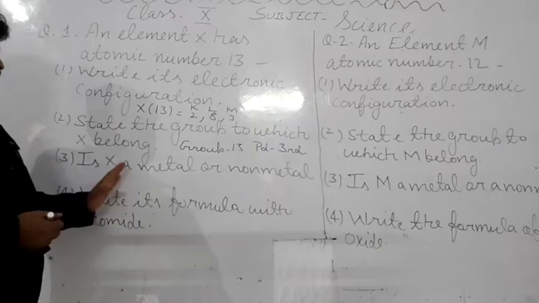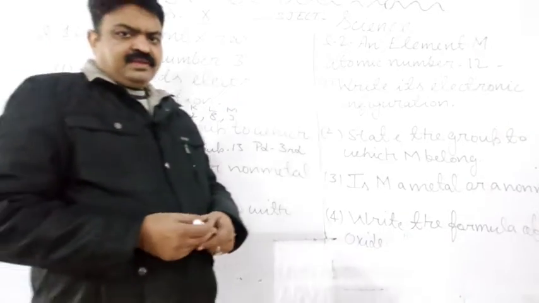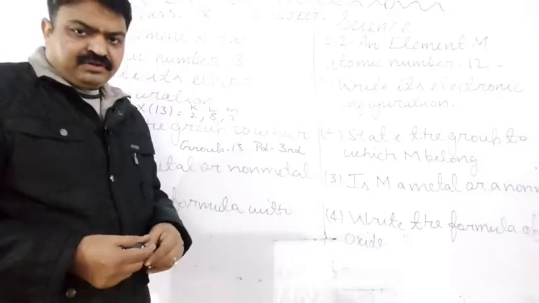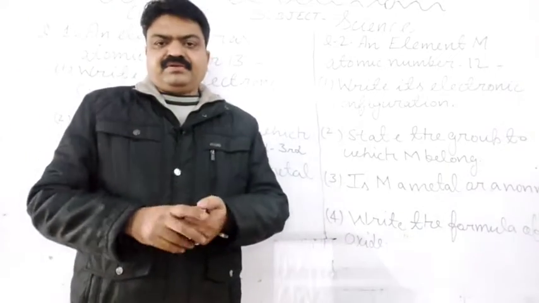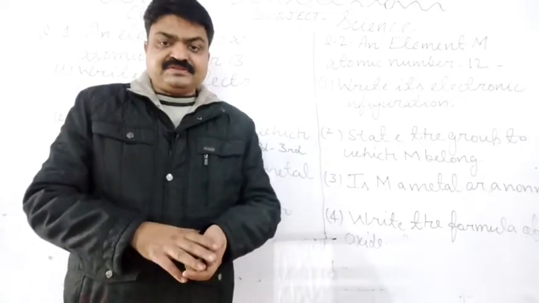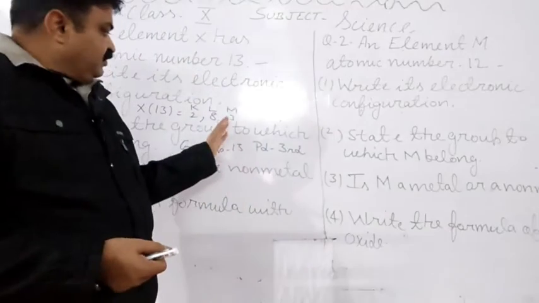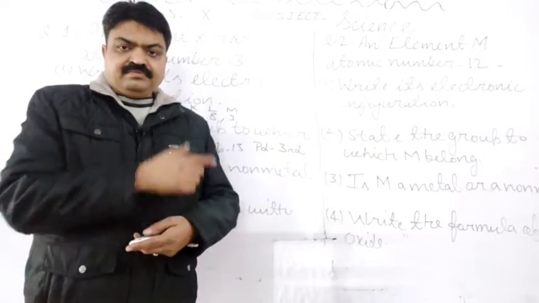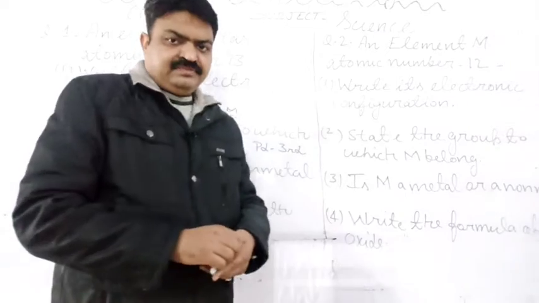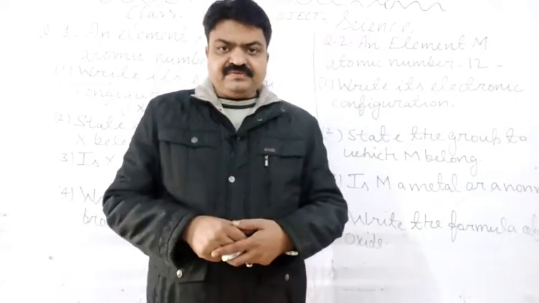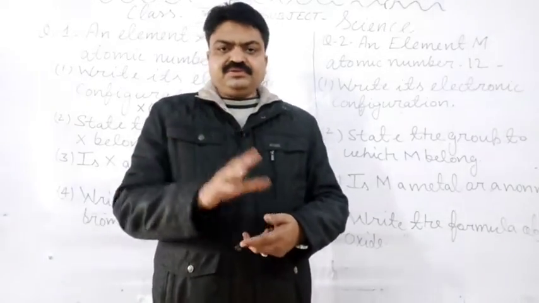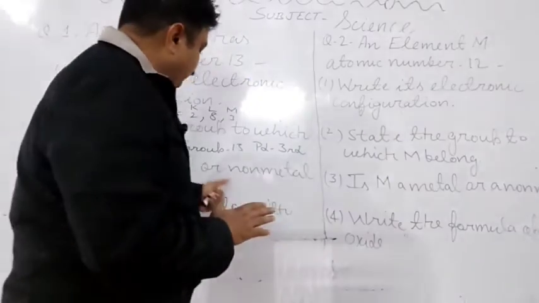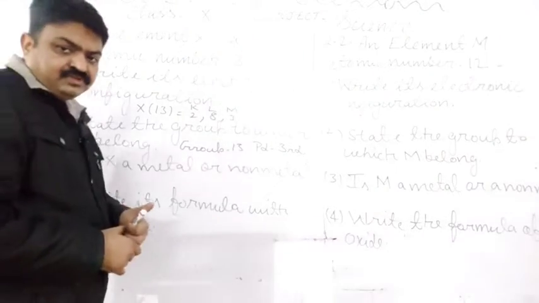Now, is X a metal or non-metal? About this we will tell. How many valence electrons, student, are there in the outermost shell? There are 3 electrons in the outermost shell, or the valence shell. So 3 electrons can be lost by this element, student. The elements that can easily lose electrons are known as metals, student. So what will you write?